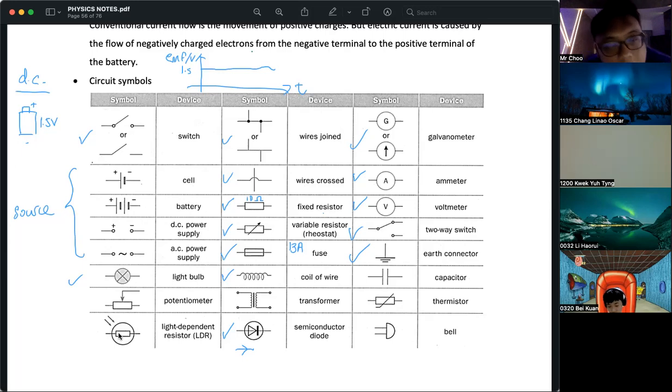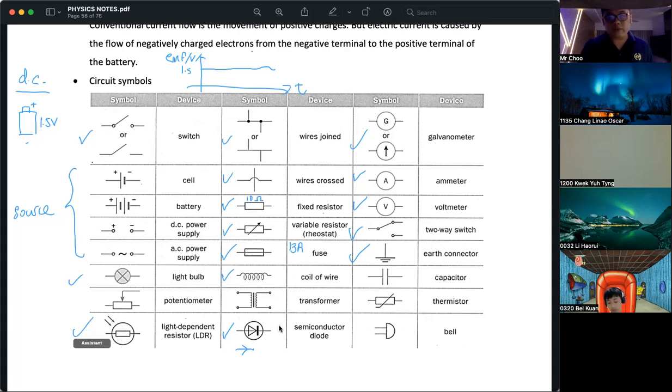So it allows current to flow through. But when there is no light, this device acts as a resistor, so less current will flow through. Did I make myself clear? So an LDR is a resistor that depends on light. You'll see a few of these in your exam.